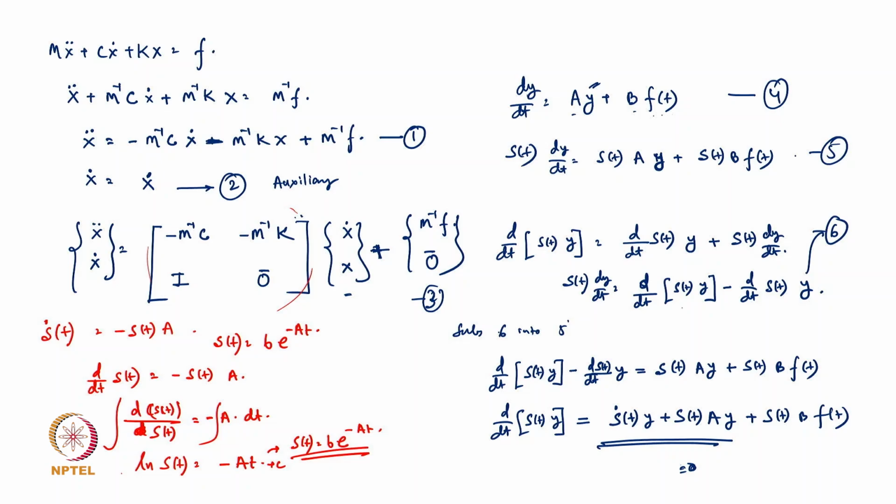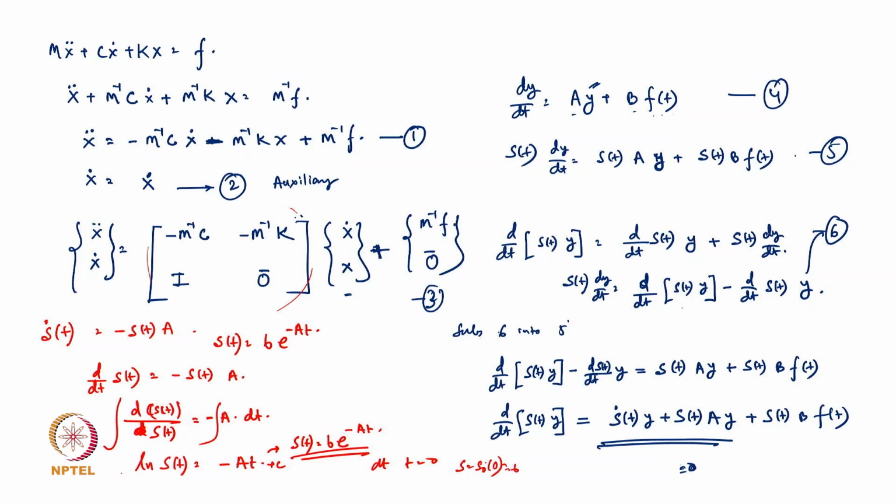Okay, and that B also we can calculate. How? We can see that at t equal to 0, what will we have? S should be equal to S0.